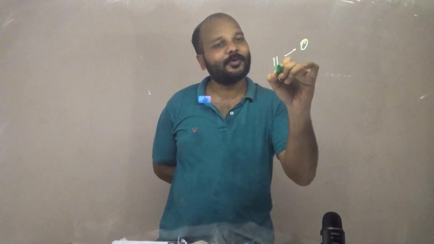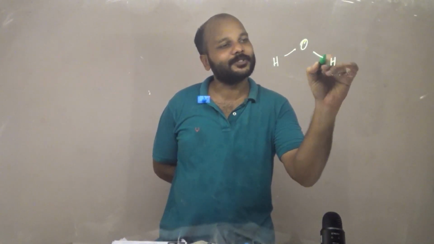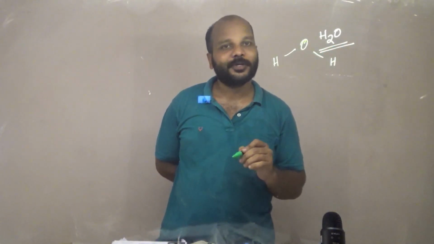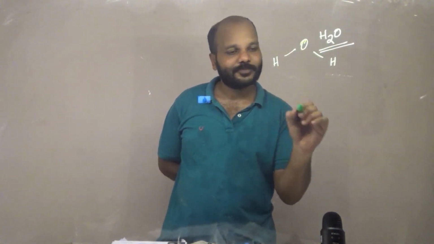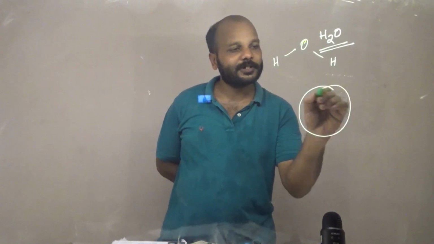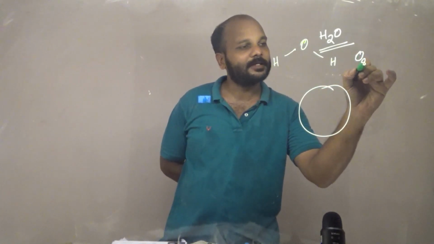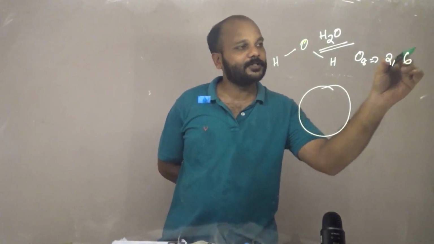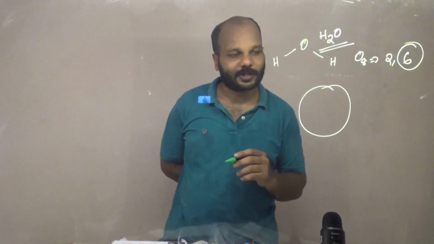Let's take the example of water. So see, in water, 1 oxygen is bound to 2 hydrogen atoms. So the formula is H2O. See, this is oxygen, atomic number 8, so 2, 6 is the electronic configuration. So 6 electrons will be there in the outermost shell.